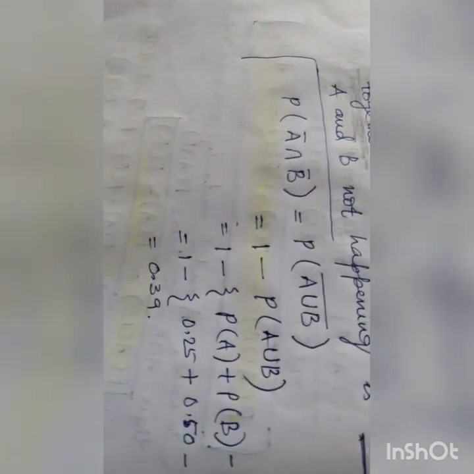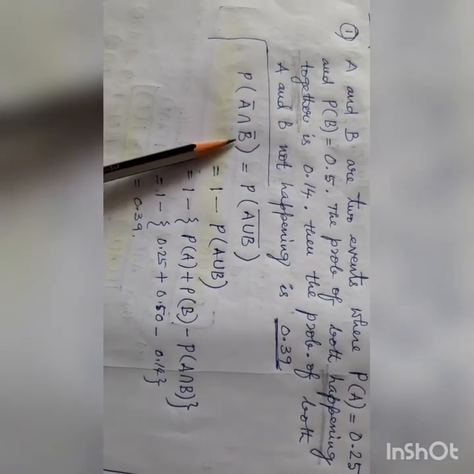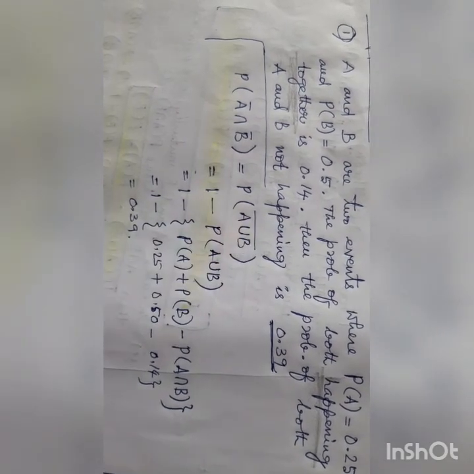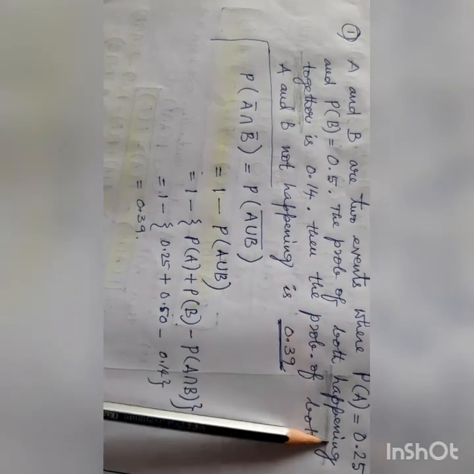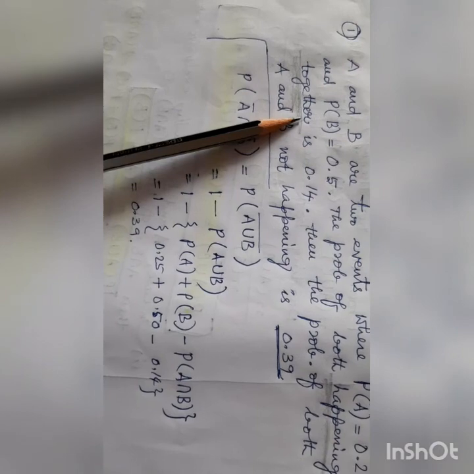If you simplify it, you get 0.39. So here, the complete set theory property: A bar intersection B bar equals A union B whole bar. Another important point is that probability of both happening together means intersection.